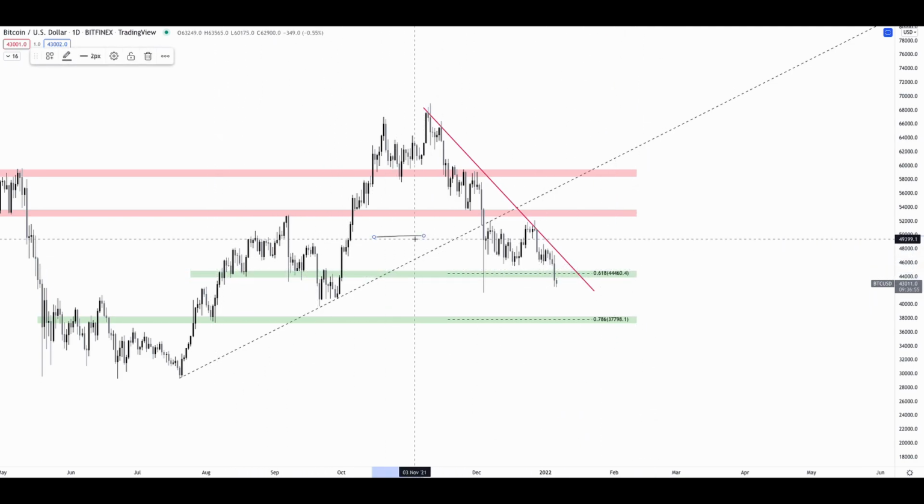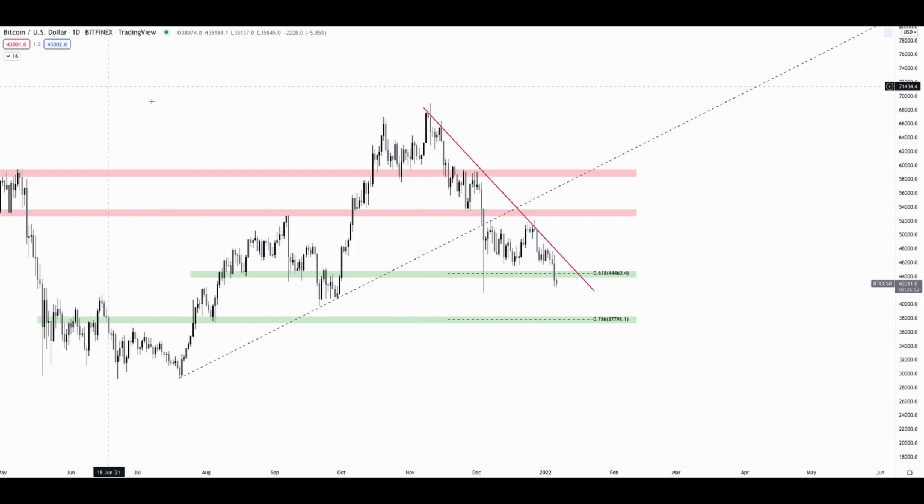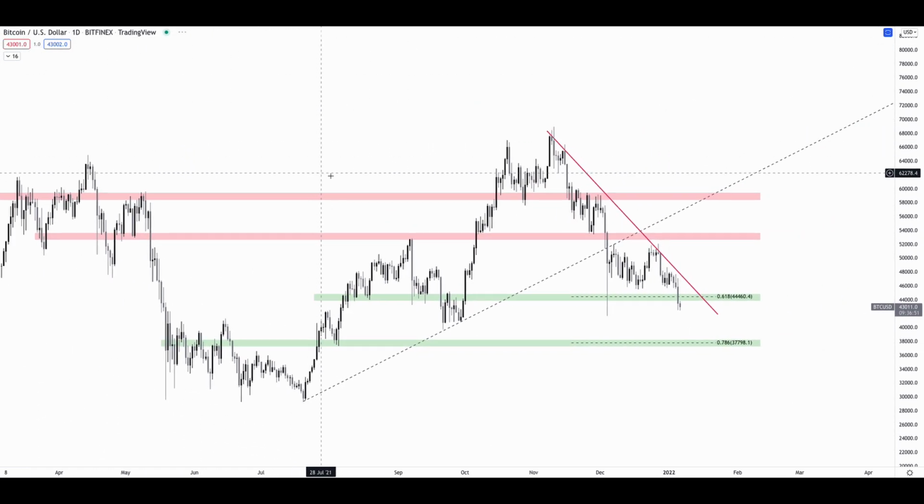So this range over here, right? I actually marked the significant support and resistance zones, resistance in red and support in green. Obviously, this is now resistance, support turned resistance.